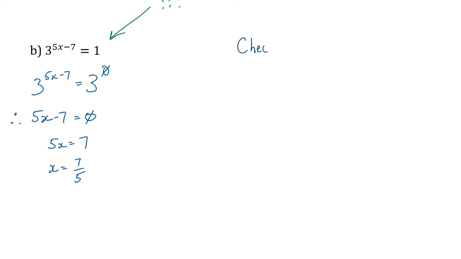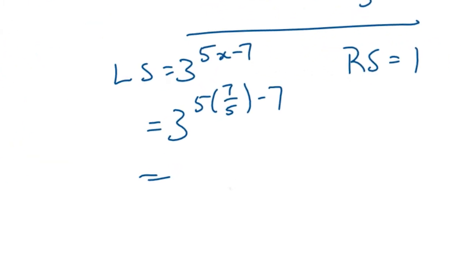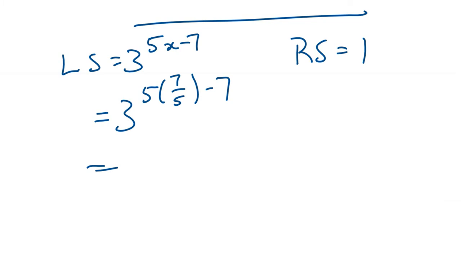So again, I'm going to do a check. Does x equal 7 over 5? The left side is 3 to the 5x minus 7, and the right side is just 1. So all my work in this case is going to be on the left side. And again, once I get to this step, I can just punch this into my calculator. That is totally fine.